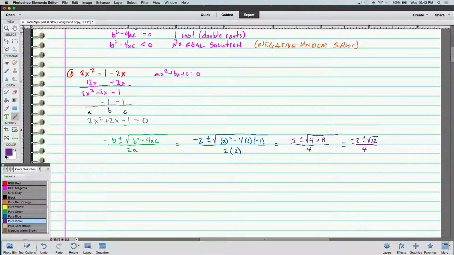And simplifying the square root of 12. The square root of 12 is the same thing as the square root of 4 times 3. The square root of 4 is 2, so we can pull out the 2 root 3.